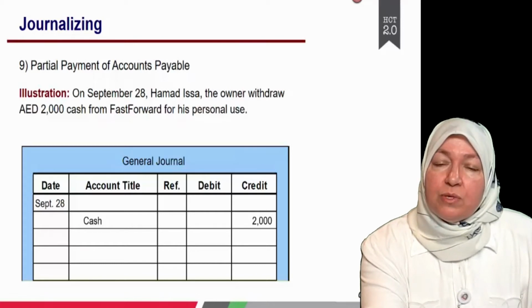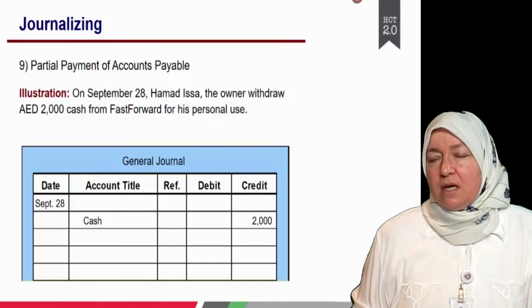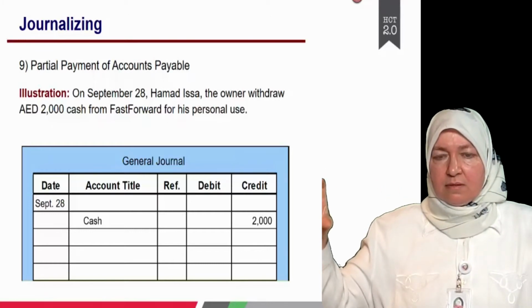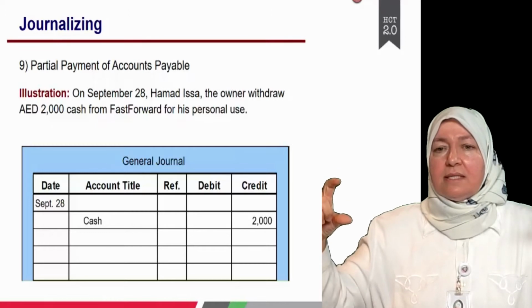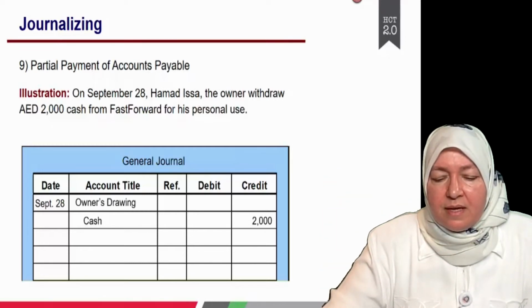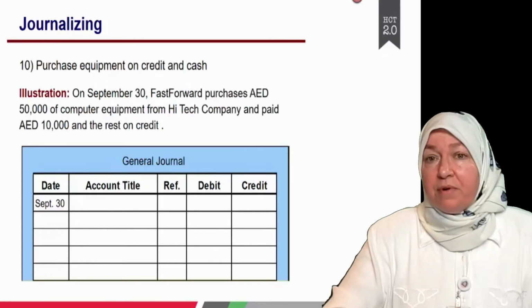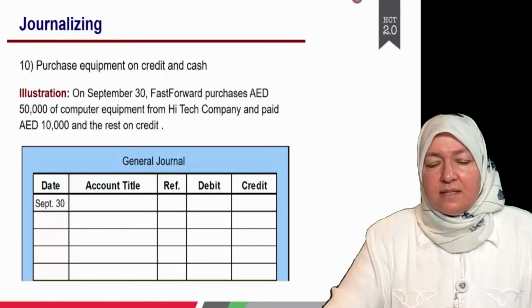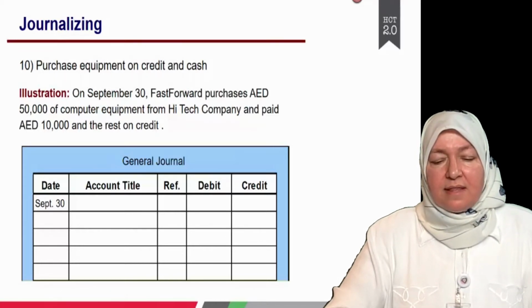Hamad Isa, and he's withdrawing for his personal use, that means drawings. So drawings is debit, normal balance, if you can remember from the matrix. Debit means that, and it's increasing, so it would be debit also. Okay, 2,000.